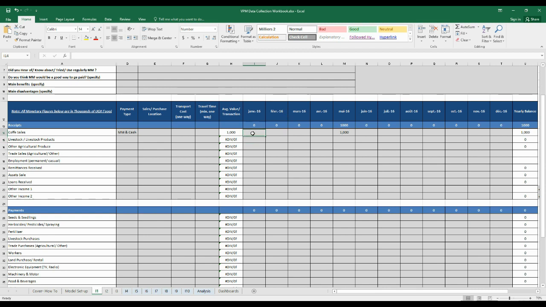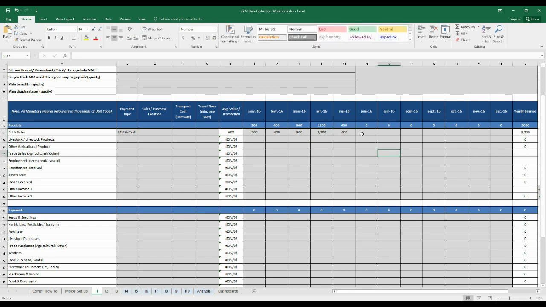So going through this month by month, imagining that the coffee season would start in January, it would usually start small. I would get 200,000 shillings here, it would rise to 400,000, then I would maybe get 800,000, and then it would peak at, let's say, 1.2 million shillings, and then it would go down usually pretty fast to 400,000.